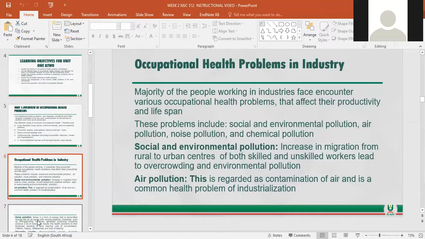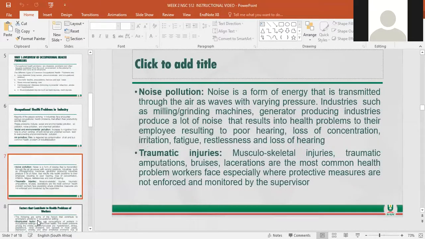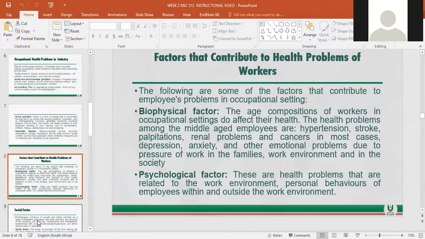And so that takes us to factors that we need to look at which contribute to these problems. And when we know these factors, then we can eliminate them.